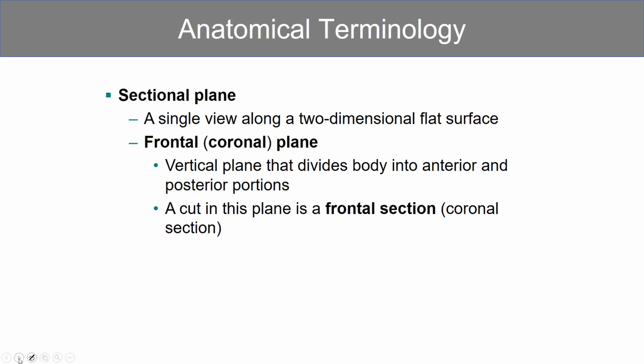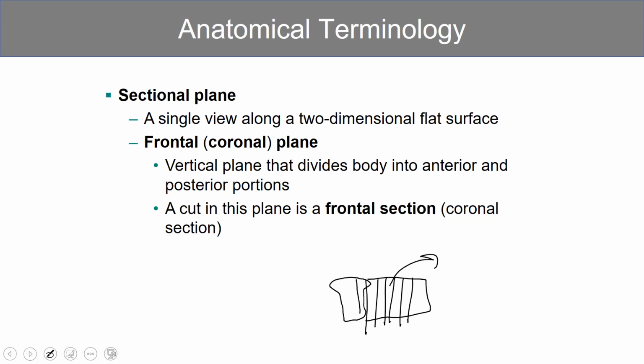A sectional plane is a single view along a two-dimensional flat surface. This is kind of hard to understand, but consider a loaf of bread. If we take that bread and slice it into individual planes, and you remove one of these slices, you would have a sectional plane.